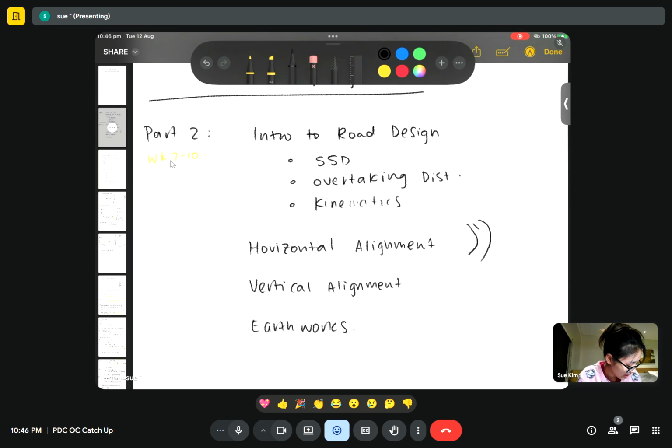And this is the top of the car. Whereas vertical alignment is calculating when the road is dipping up and down, so like this view. And then Earthworks is if you have a terrain, what cut can you take such that you minimize the cut and fill amount. It's very similar to 3101 if you did that, or maybe it's 2101. Okay.